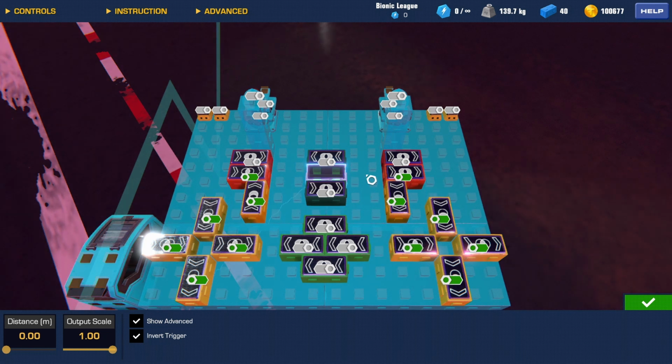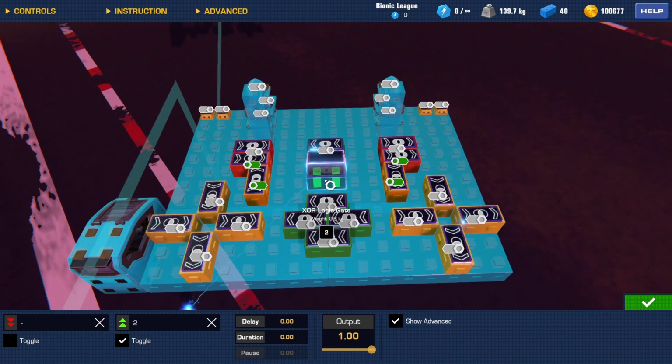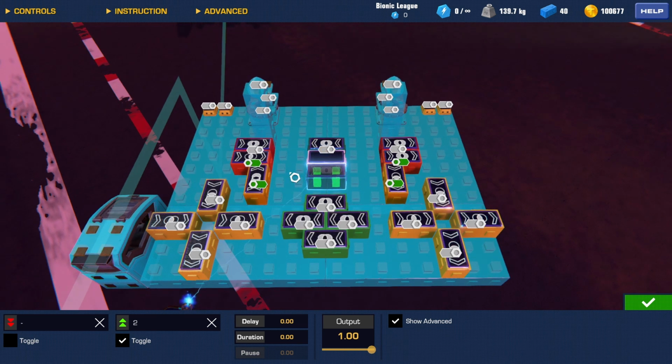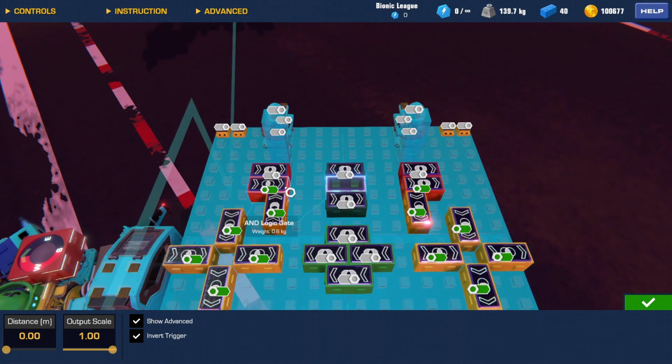Both AND gates and XOR gates are also hooked up to this 2 input, like input on the button 2, which means that if the distance sensor is the only thing giving output, then the XOR gates will be giving positive output, therefore activating one part of the system.